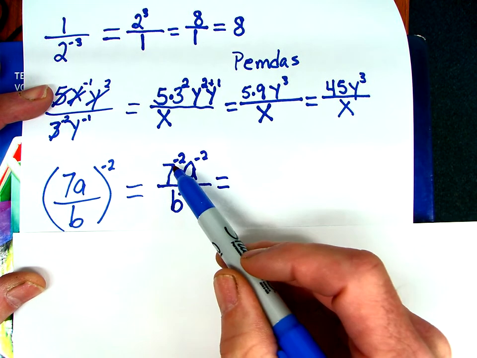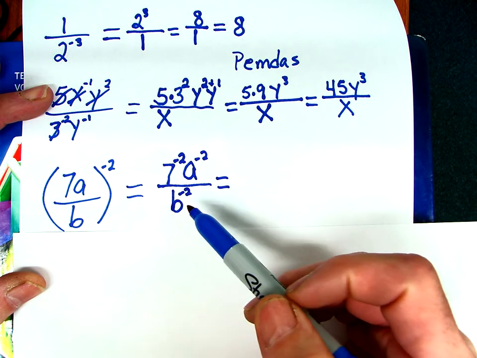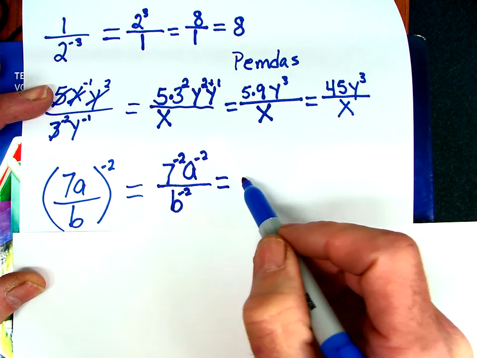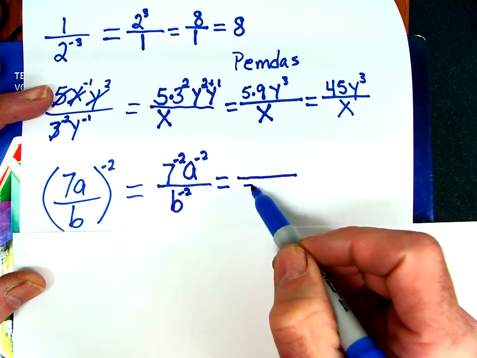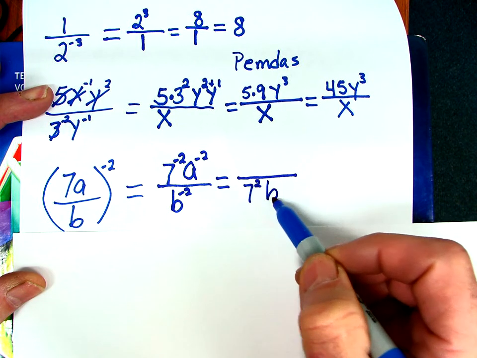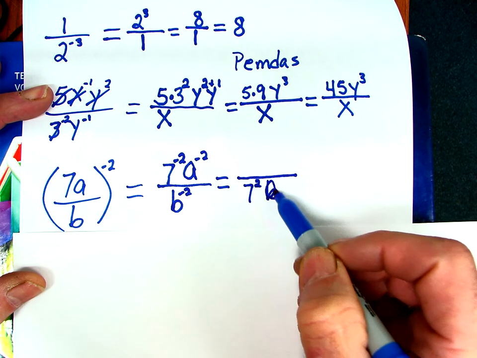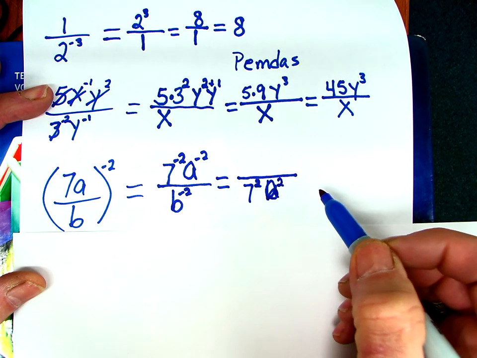That tells me the 7 needs to go to the bottom, the a needs to go to the bottom, the b needs to come to the top. So here we go. 7 on bottom, now it has a positive exponent. The a on bottom, now it has a positive exponent.